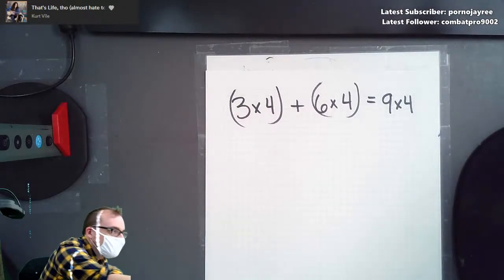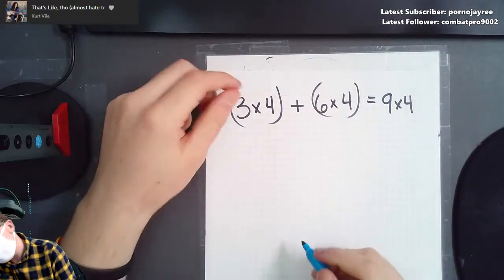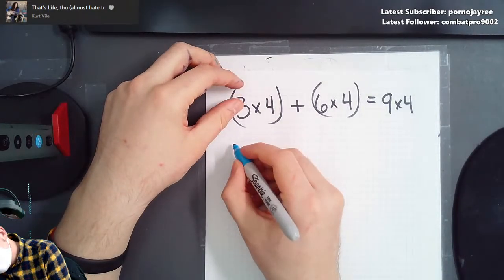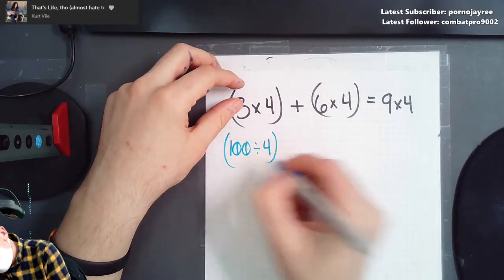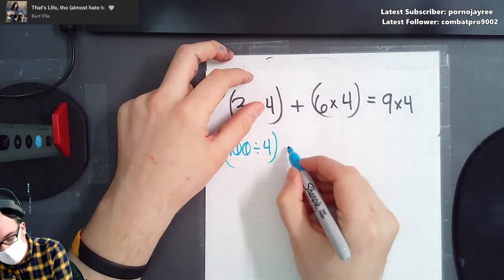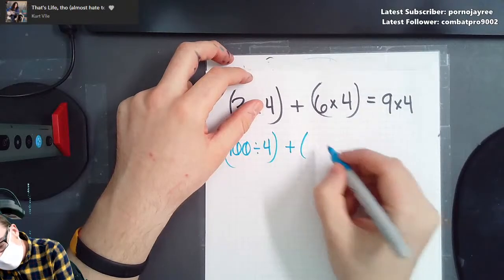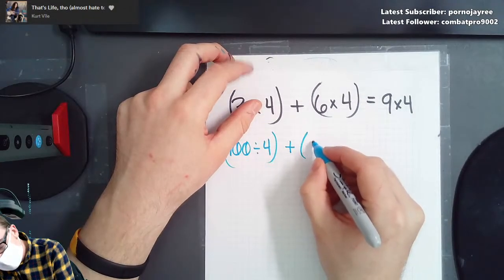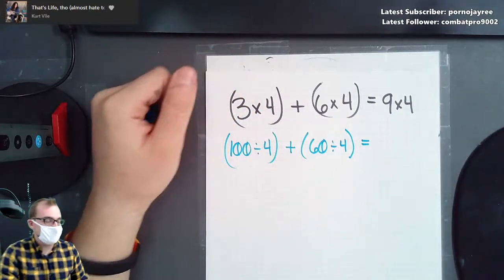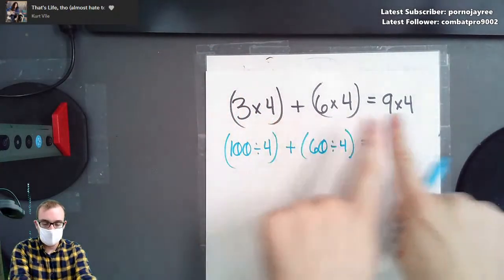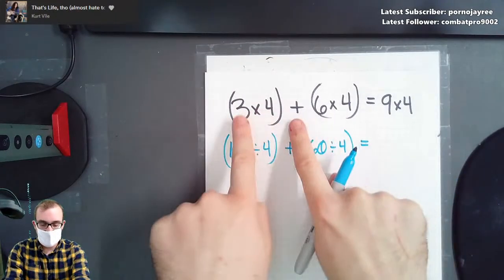What about division? Let's do 100 divided by 4. Again, you don't need the parentheses, but it makes it nicer to read. Plus, let's do... By this logic, right? Groups of 4. Groups of 4. We added them to make 9.